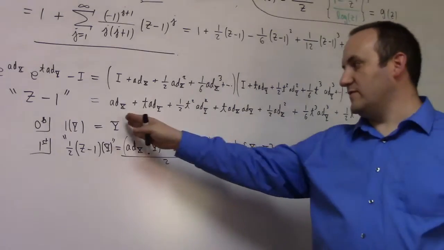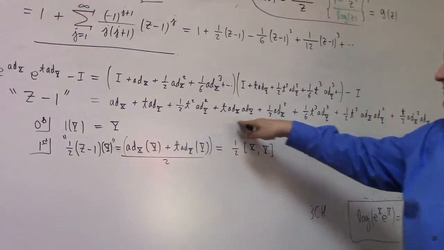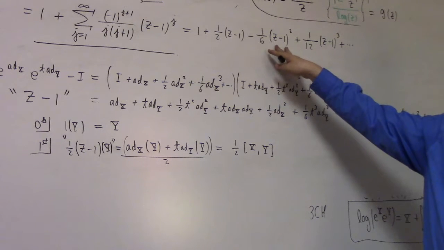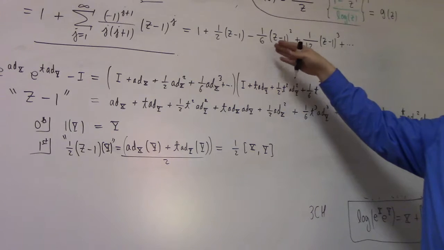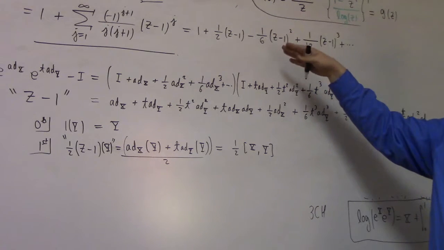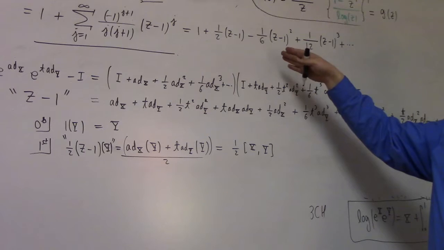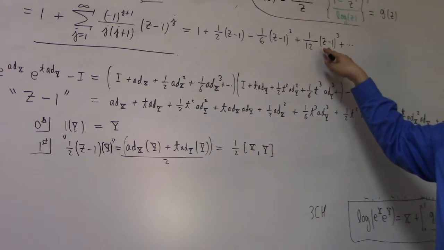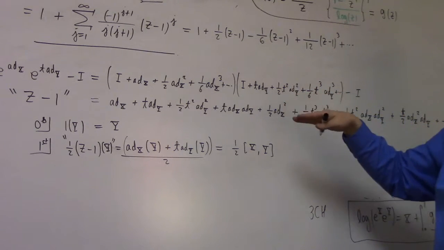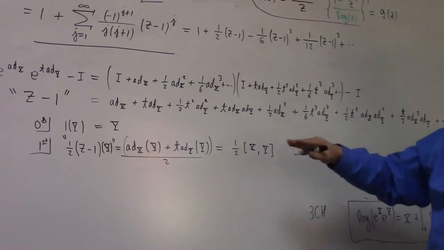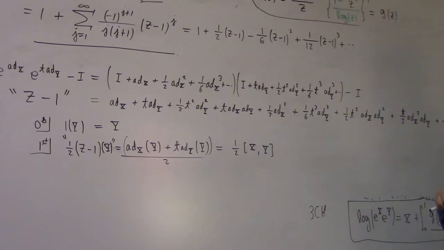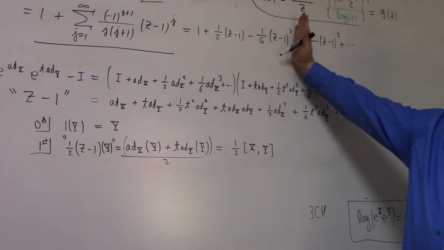That's part of the point of this calculation: there is no constant term here. So when you look at formally what z minus 1 squared is, this only has commutators of commutators and higher things. And this has commutators of commutators of commutators and higher things. What we're doing is looking for just one commutator in the formula, and next will be just two commutators in the formula. And we can get all of those by just looking up to here.